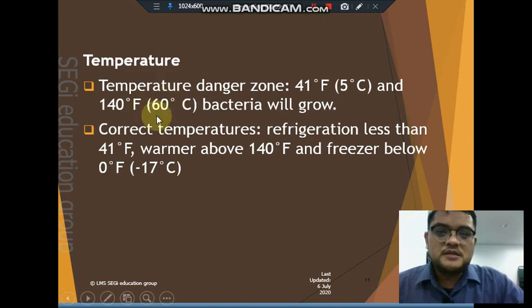Guys, above 60 is actually when you cook the food. Chicken, if you put it at room temperature, can last for 2-3 hours. But if you cook it, it can last for more than 6 hours because you have cooked it and the bacteria is killed. And bacteria is killed at 100 degrees Celsius.